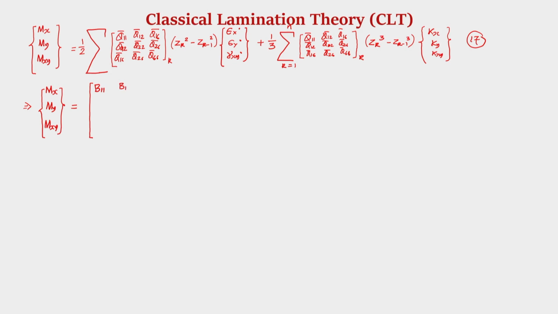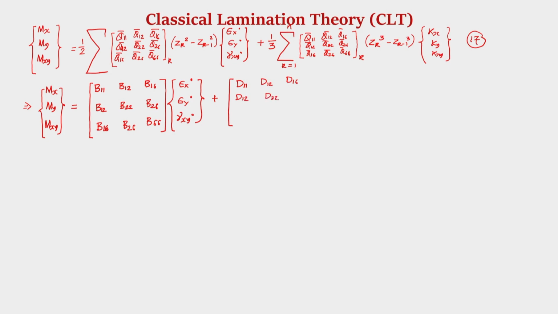So, this is the B matrix again, B 16, B 26, B 66, multiplied by epsilon x naught, epsilon y naught, gamma x y naught, plus d 11, d 12, d 16, d 12, d 22, d 26.